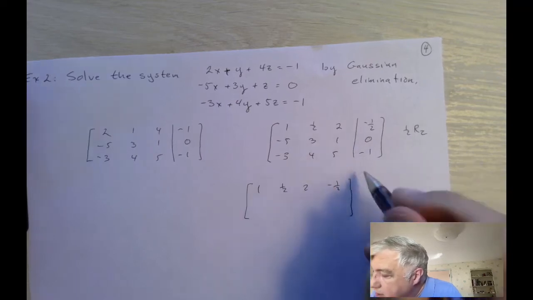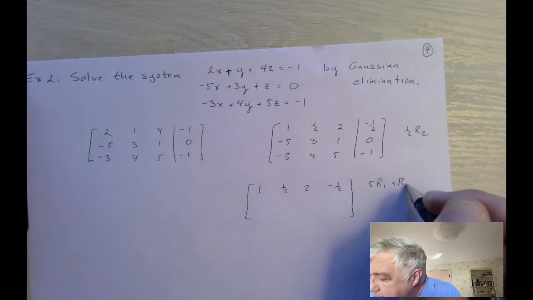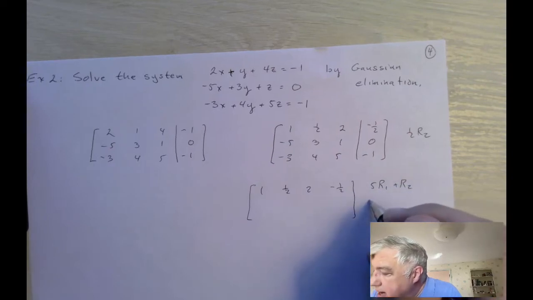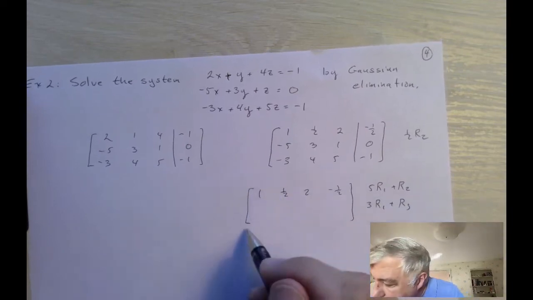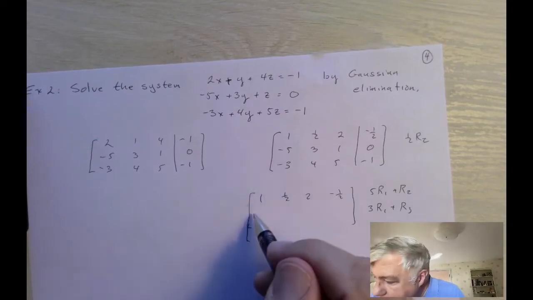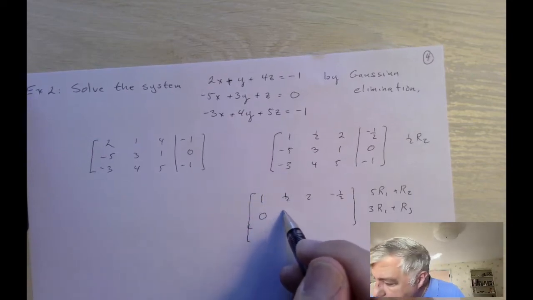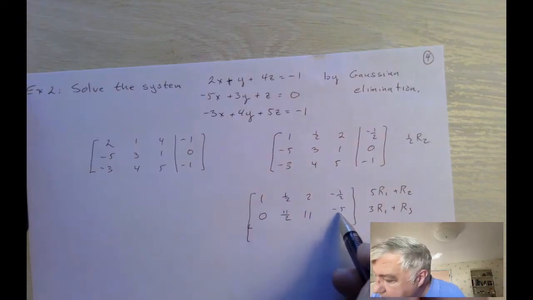So we want to multiply the top row by 5 and add it to the second row, and multiply the top row by 3 and add it to the third row. Okay, and when we do that and take our time with our fractions, you'll see that this is 0, 11 halves, 11, and negative 5 halves.